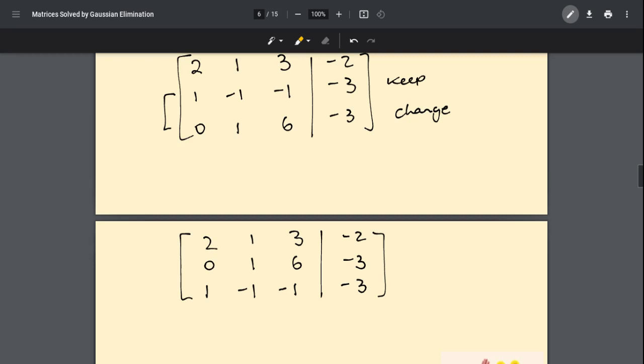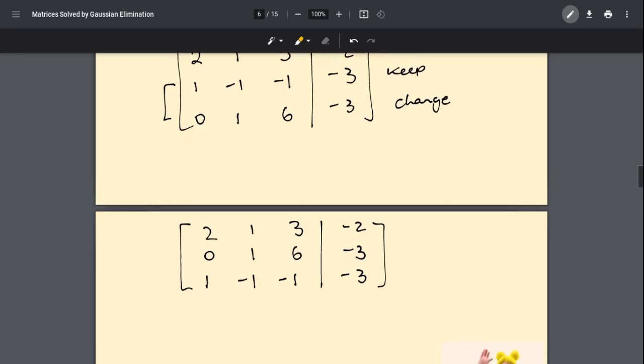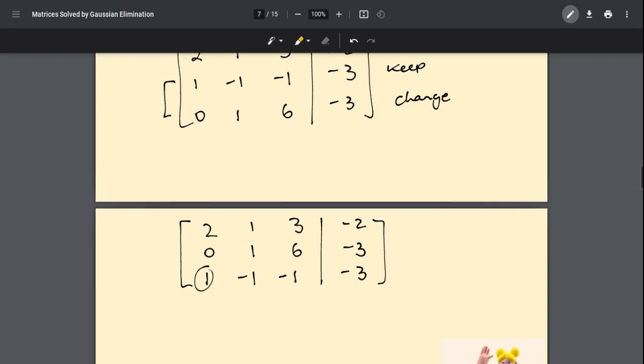Okay, so now what I want to do is I want to make this a 0. That's my goal. Okay, so in order to get there, what should I do? I should keep this one, I should keep this one, and I should change the bottom. How?